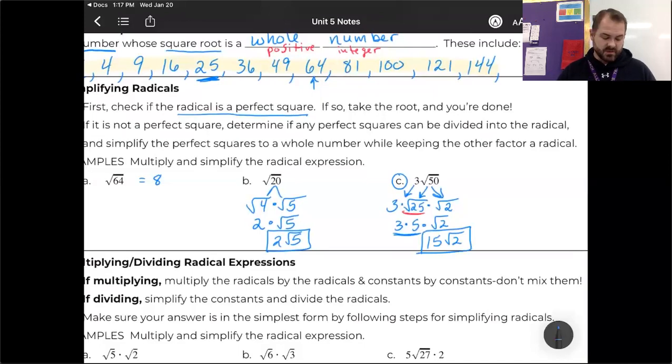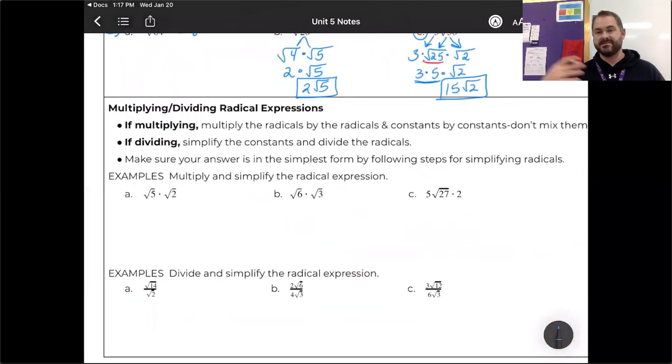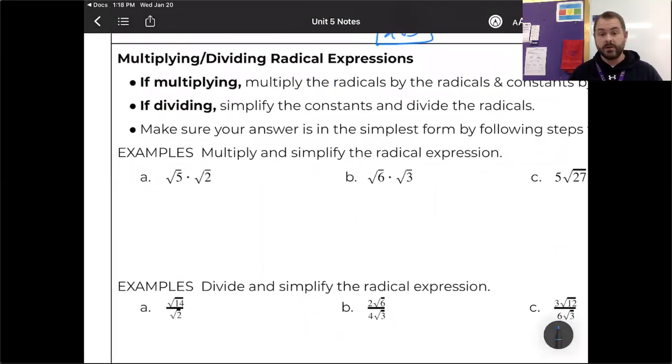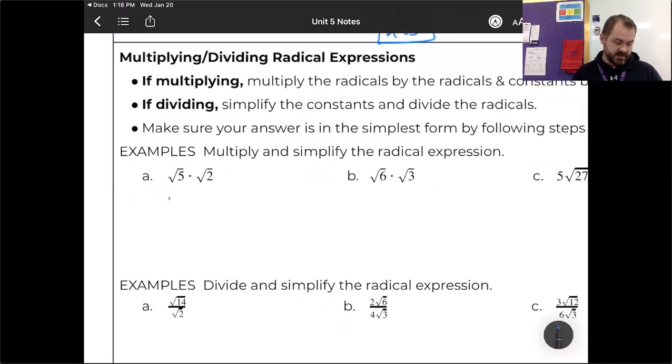Okay? We also want to talk about how to multiply and divide radical expressions. So if we're multiplying, all you have to do is multiply the radicals by the radicals and the constants or coefficients, the numbers outside of that, by their matching numbers. We don't want to mix them, okay? So since on part A, both the 5 and the 2 are radical expressions, they're both underneath a square root, we can multiply those together under the same square root.